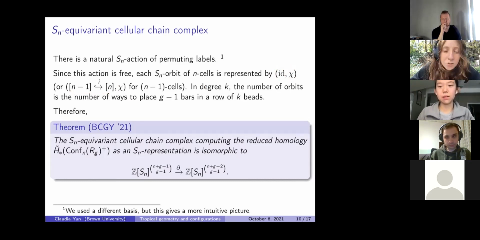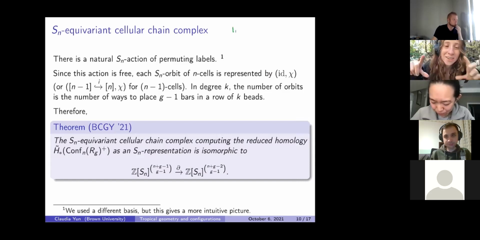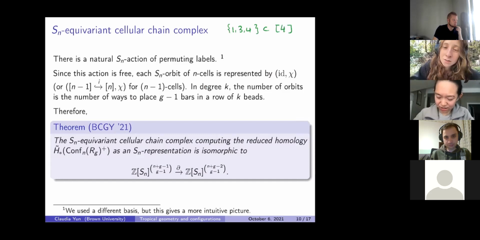Wait, sorry, Claudia, can you say again the thing you said about the free action? So you have Sn acting on a set of n, like the set 1 through n. Imagine you have 1, 3, 4 as a subset of 1, 2, 3, 4. And then you look at S4 acting on 1, 3, 4 as a subset. Then this action is free. So how would the transposition 1, 2 in S4 act on that set?